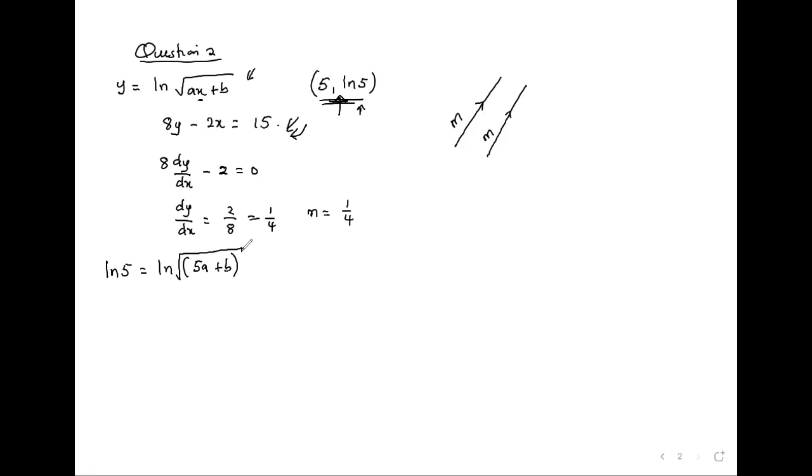Now, when you have such a relationship, ln A is equal to ln B implies that A is equal to B. This is the only way those two can be the same. Here we just use simple logic.